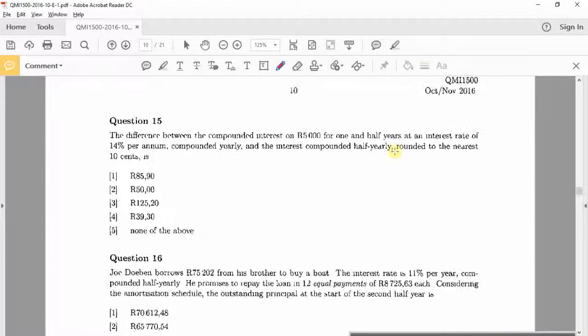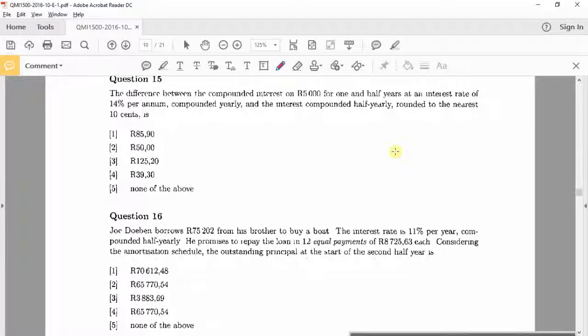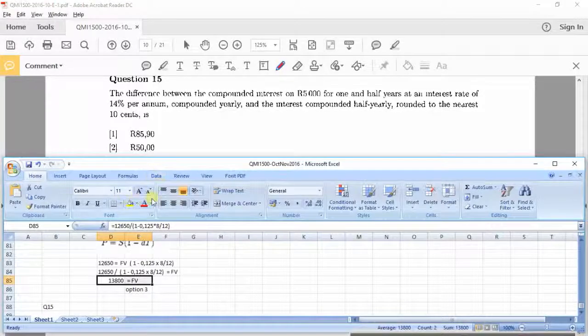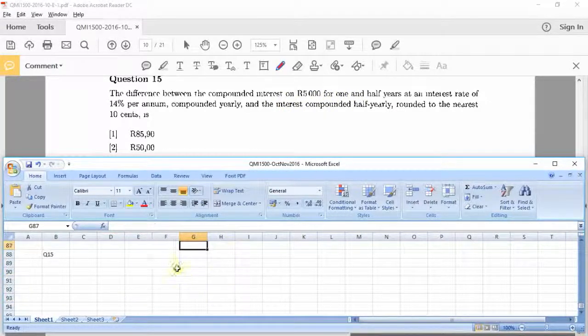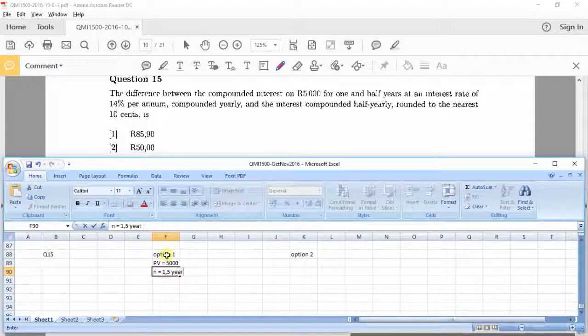15. The difference between the compound interest on 5,000 for 1.5 years. So we've got 2 options here. Option 1 is PV 5,000 for 1.5 years at a rate of 14% compounded annually.